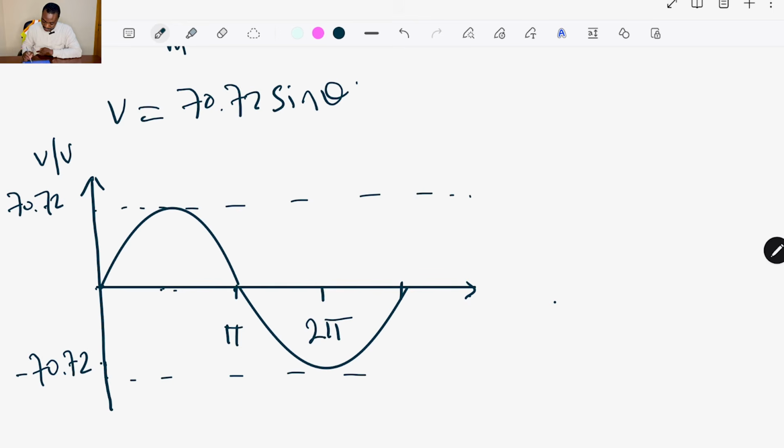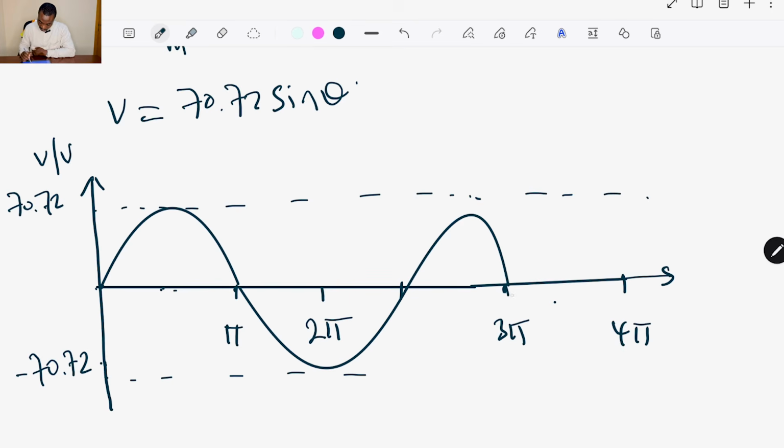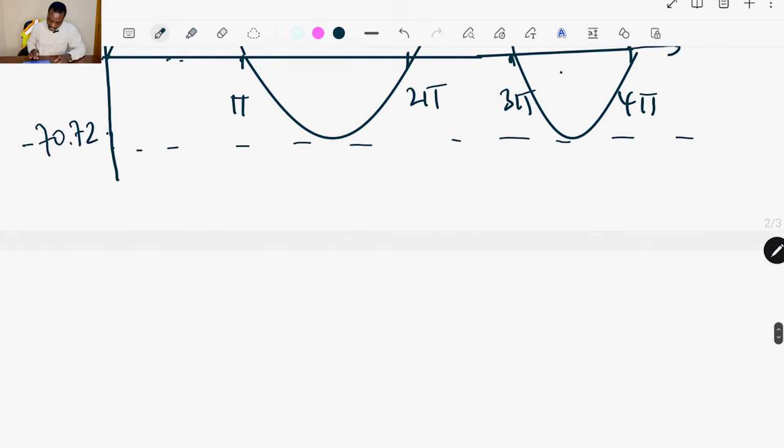Here should be 2 pi, then 3 pi, and then 4 pi. So we have an alternating voltage of this nature.